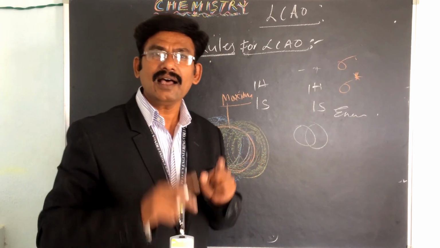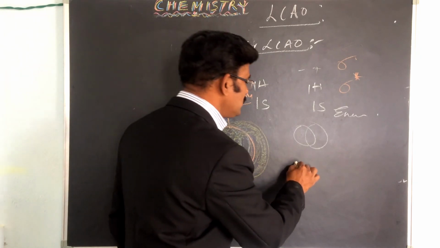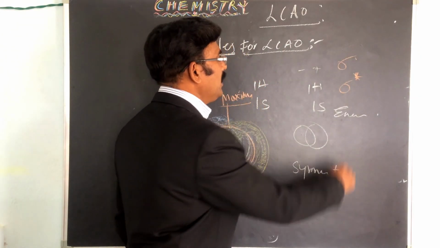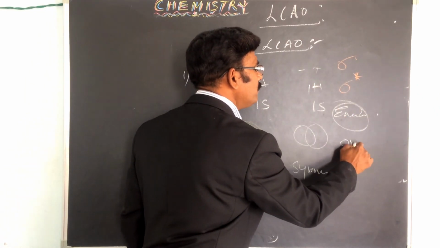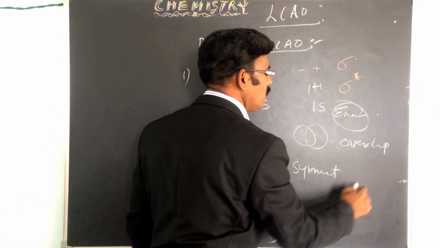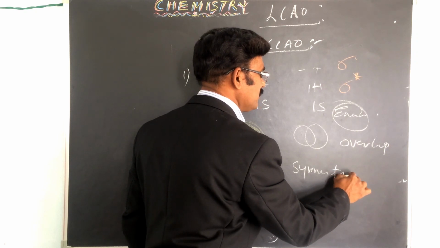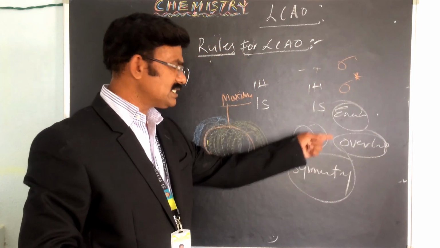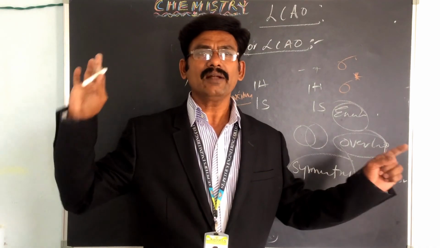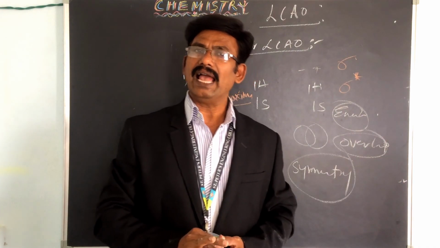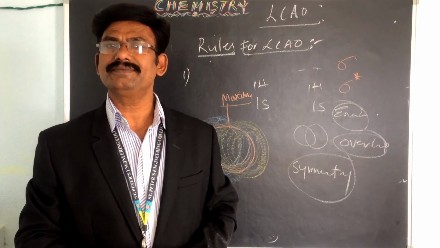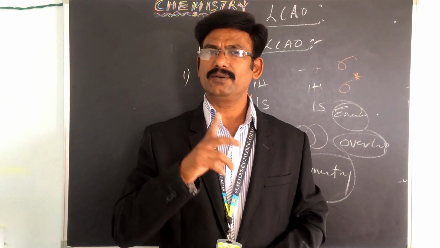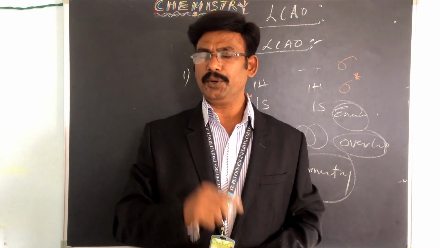The third one is that the symmetry should be the same, in an identical manner. Energy, overlap, and symmetry: these three words, three rules. This is about the LCAO, linear combination of atomic orbitals. It is very, very important for a definite question. Okay? Thank you. Bye.